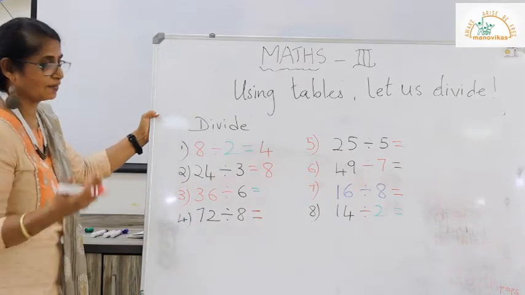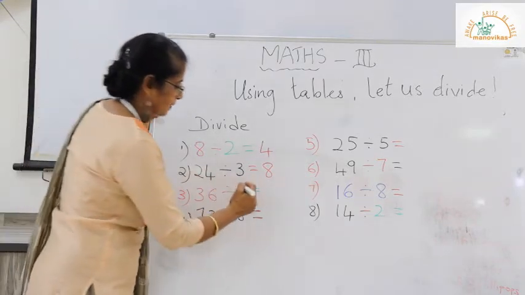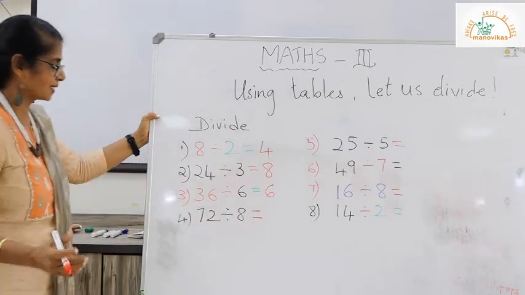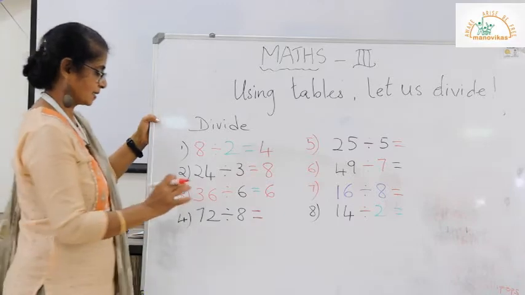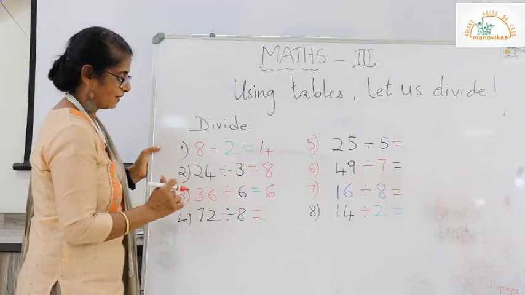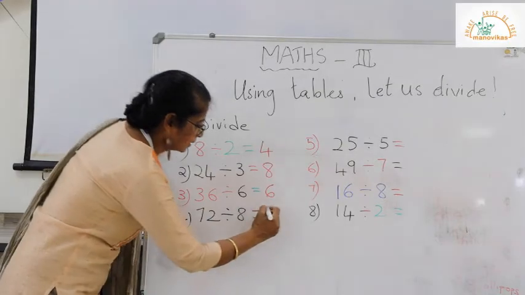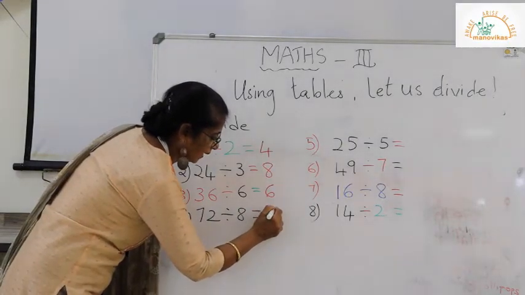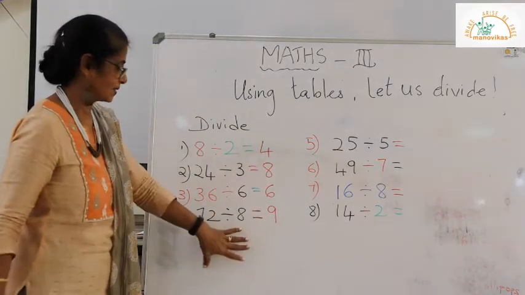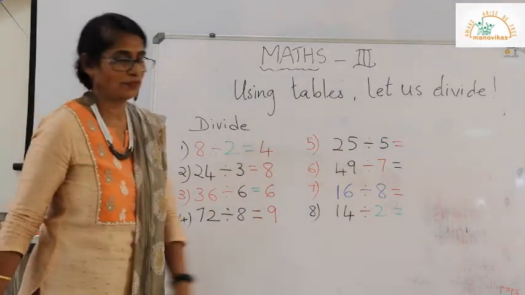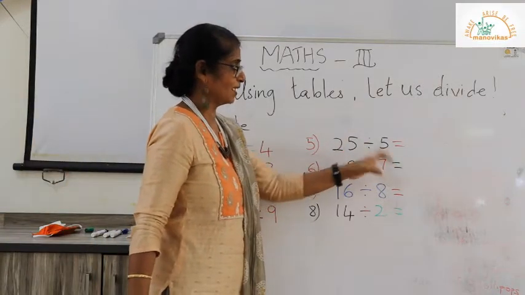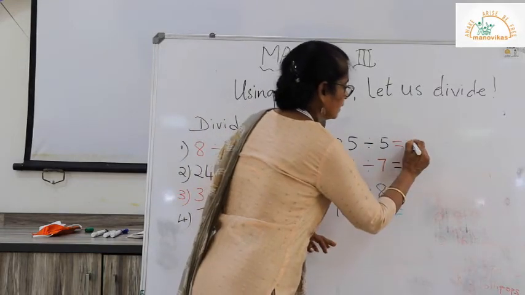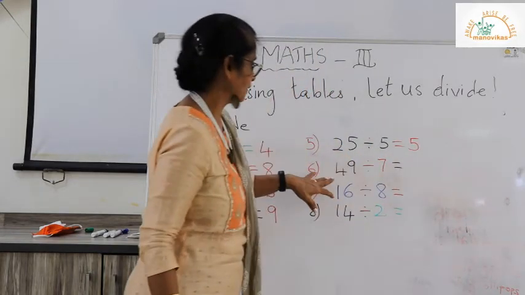Now 36 divided by 6 gives us 6, because 6 sixes are 36. 72 divided by 8. 8 times what is 72? 8 nines are 72. Let's try the fifth one. 25 divided by 5. This is an easy one, because 5 fives are 25.